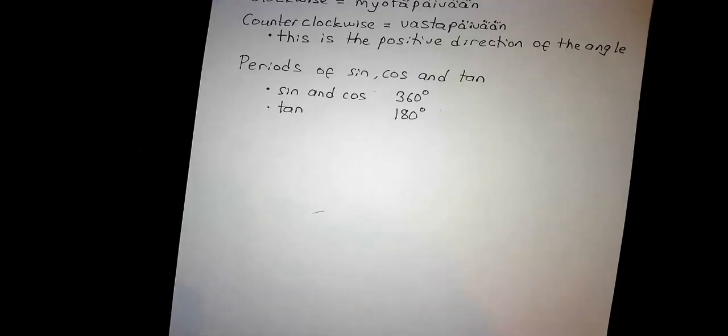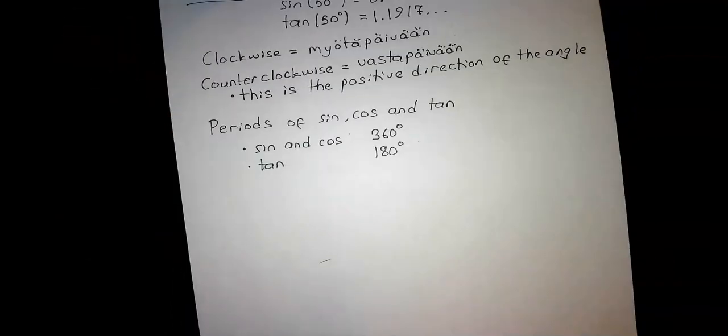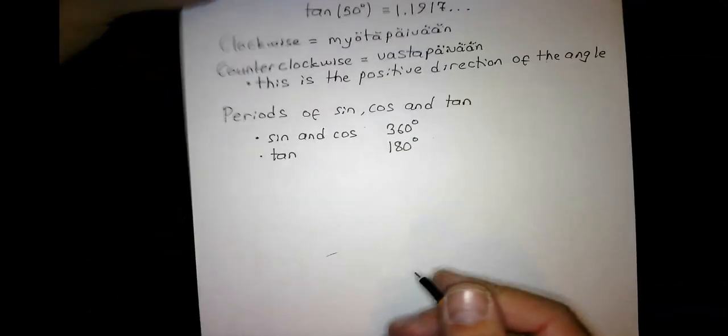You can always get the same value for sine or cosine or tangent when you go through this circle, when you have this period of 360 or 180 degrees. So now finally, an example.